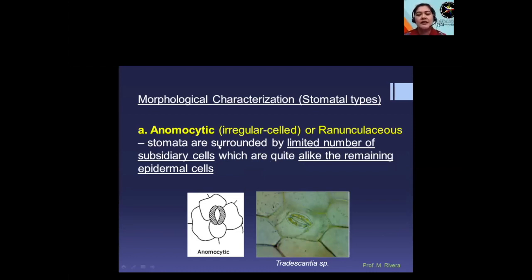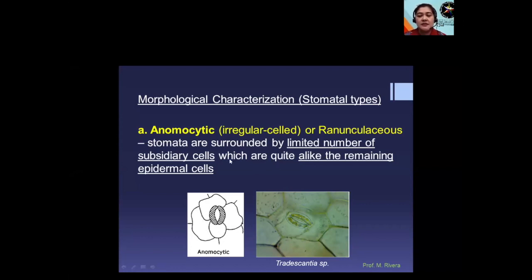These are already the types. So you have the first one to be anomocytic or irregular celled or ranunculaceous. Bakit? Kasi nahahanapan po siya sa mga ranunculaceae. This is a family of plants. Okay? Now, how are they described? You have this to be a limited number of subsidiary cells. In this case, in the diagram, that's 1, 2, 3, 4. Immediately surrounding the stomata, there would be 4 subsidiary cells.